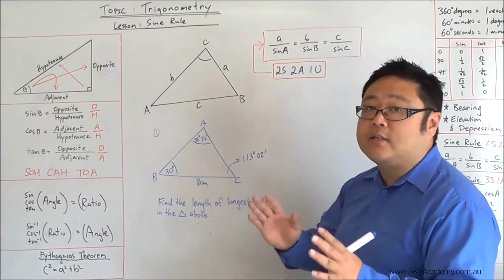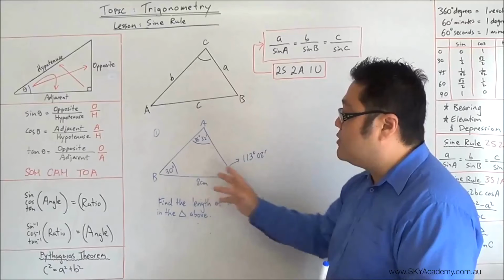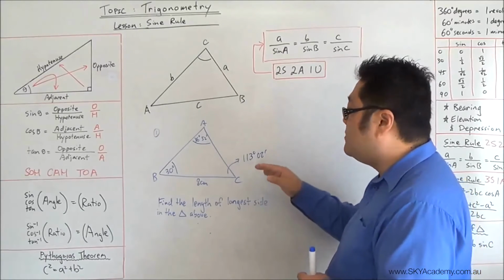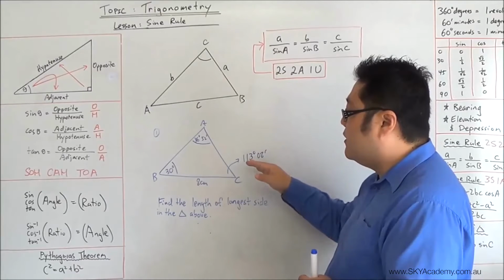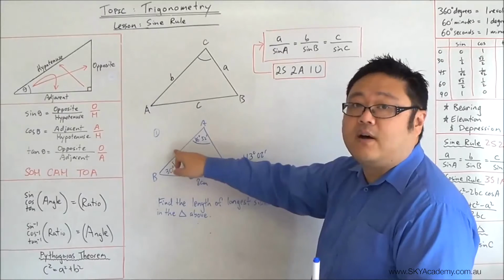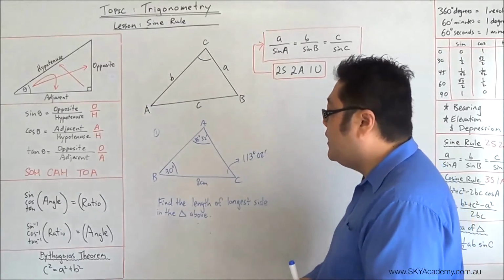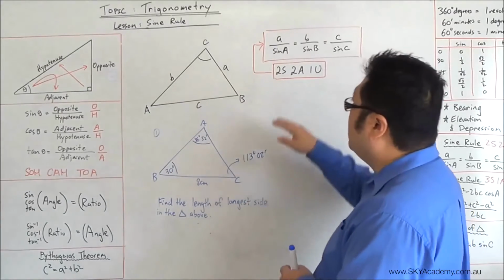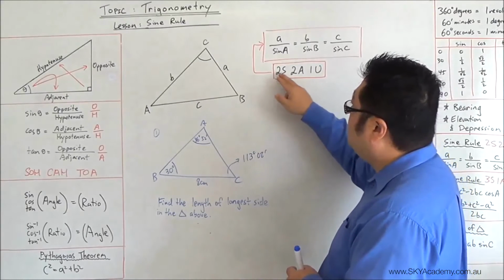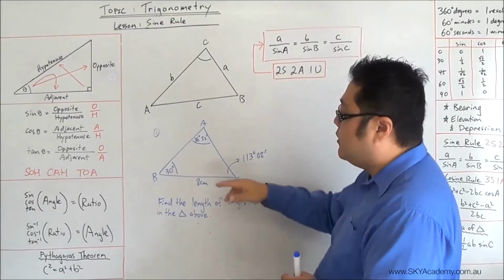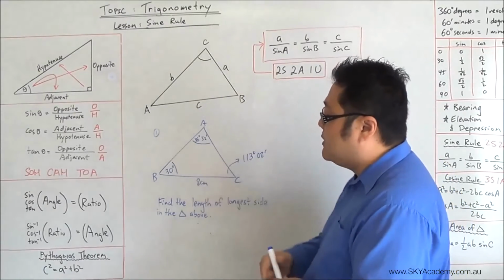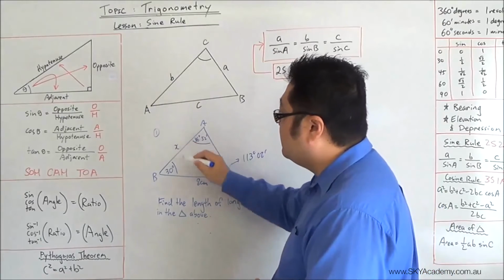Now, the longest side, even though this triangle is not drawn to scale, will always be opposite the biggest angle. So we know that this side is the longest side. In this situation, we have two sides, two angles, one of which is unknown, because the unknown is also a side, which is this one here.